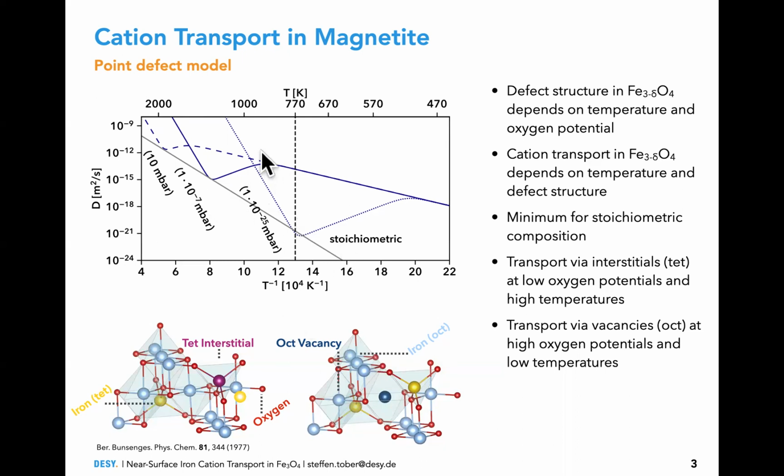At slightly higher oxygen pressures, the main defects are octahedral vacancies, and they jump, as you might have seen before, within the octahedral sublattice. And at even higher oxygen potentials in this range, magnetite is only metastable. And in this range, we believe that the diffusion is also mediated via the octahedral sublattice via octahedral vacancies.